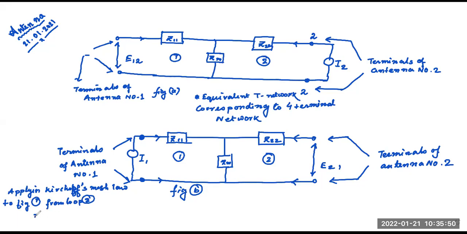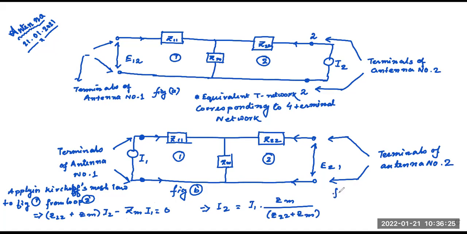We get Z of 22 plus Z of M into I2 minus Z of M into I1 equals 0. That implies I2 equals I1 times Z of M by Z of 22 plus Z of M.